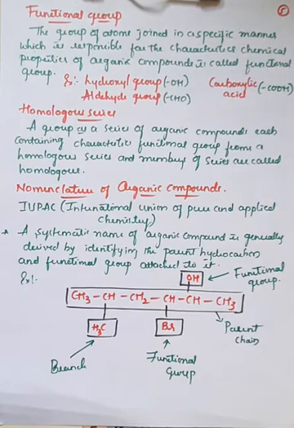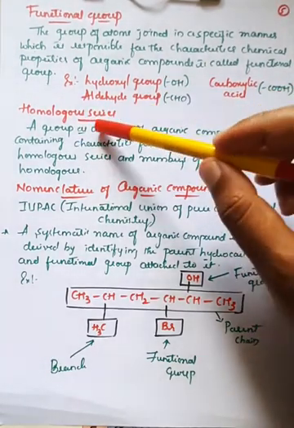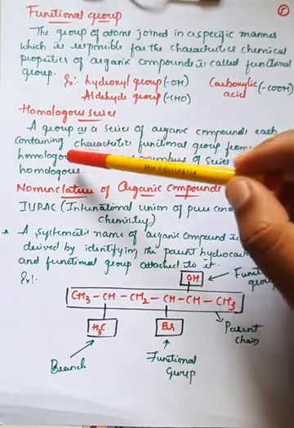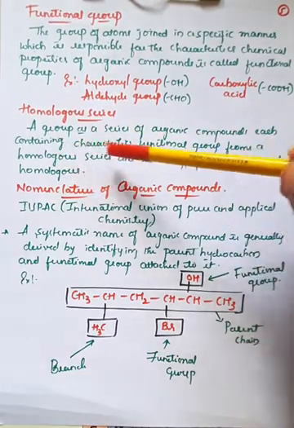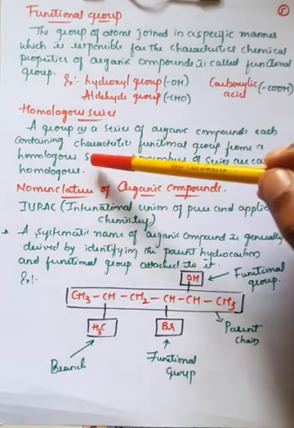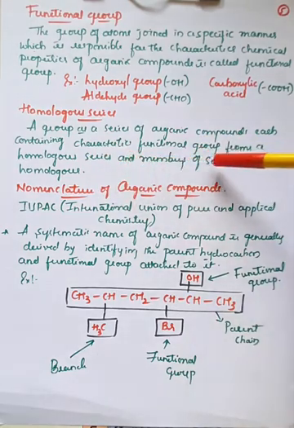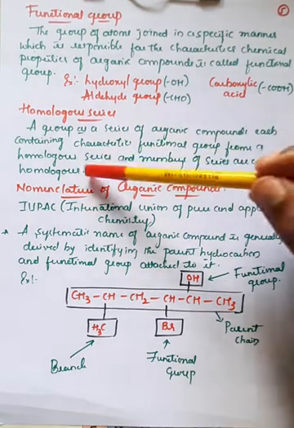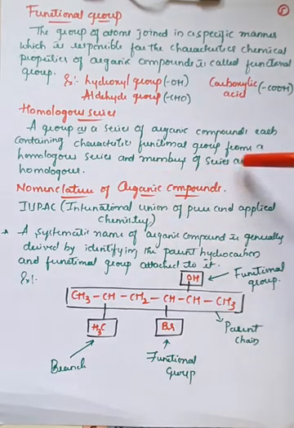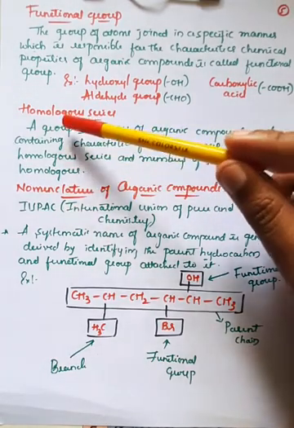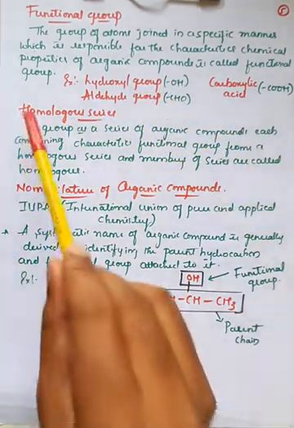Okay, further, the next important thing is the homologous series. A homologous series is a group or series of organic compounds, each containing a characteristic functional group, and the members of the series are called homologous, right? Homo means the same.